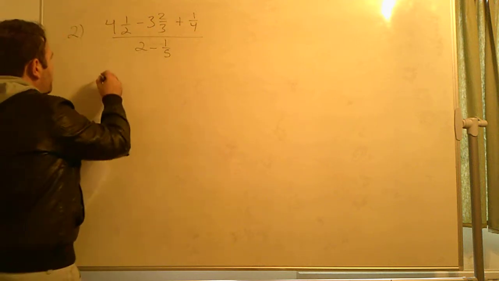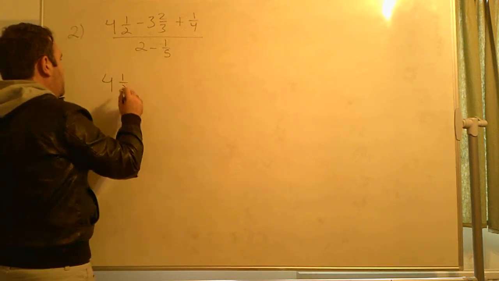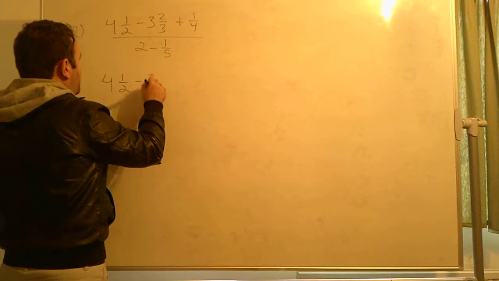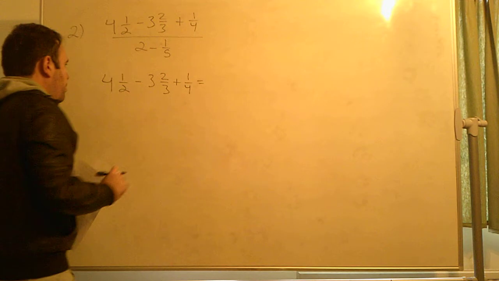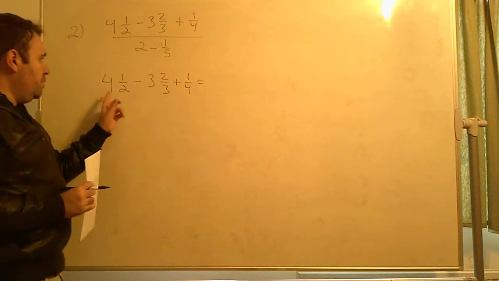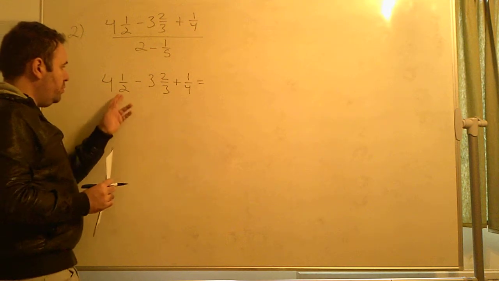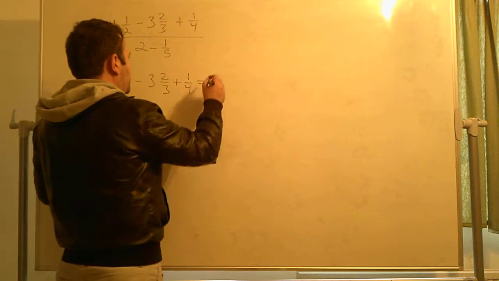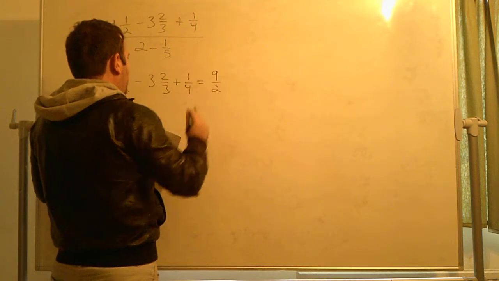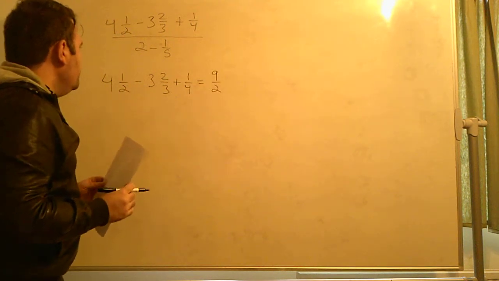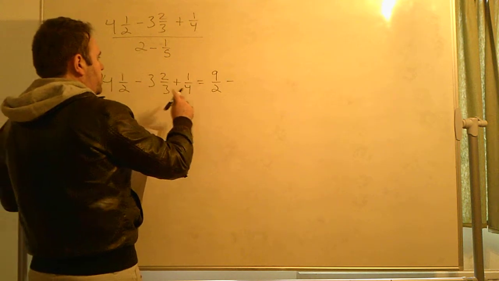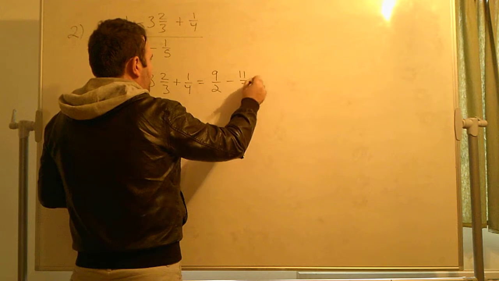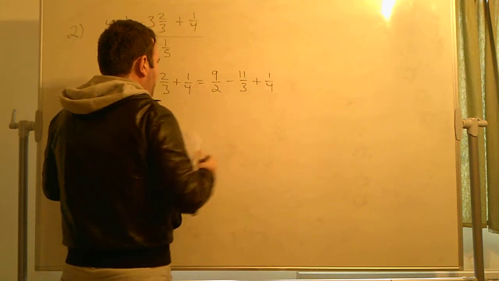So we start with this one: 4 integers 1/2 minus 3 integers 2/3 plus 1/4. So we need to turn these mixed fractions into improper fractions. So 2 times 4 is 8, plus 1, 9/2. Minus 3 times 3 is 9, plus 2, 11/3, plus 1/4.